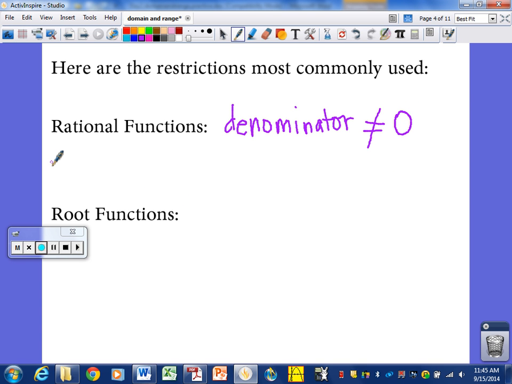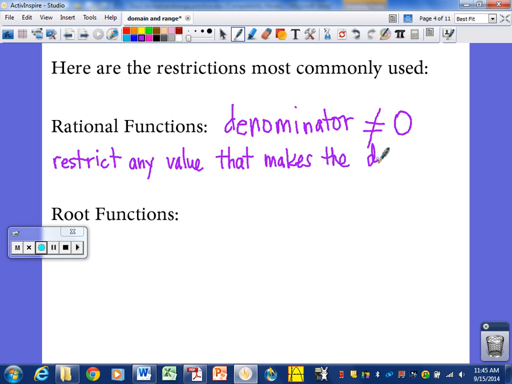Okay, so we need to restrict or throw out any value that makes the denominator equal to 0. Okay, that one cannot be in there.